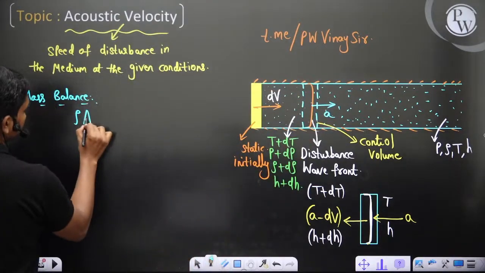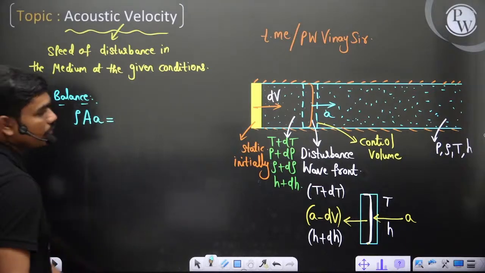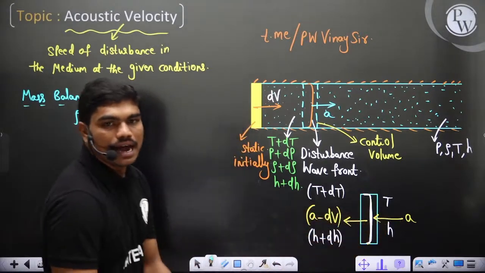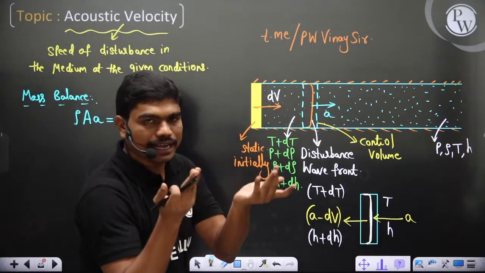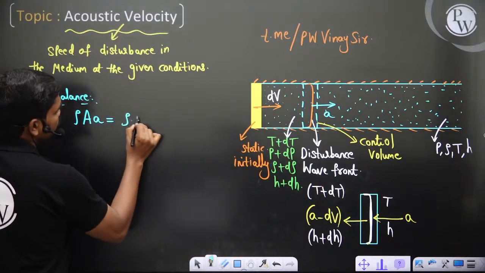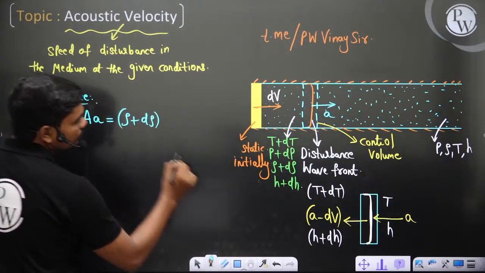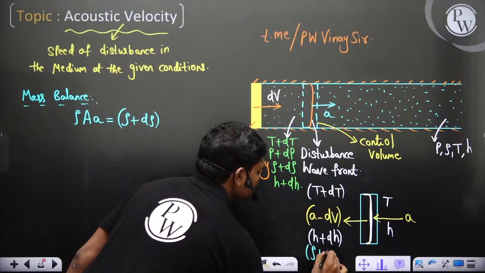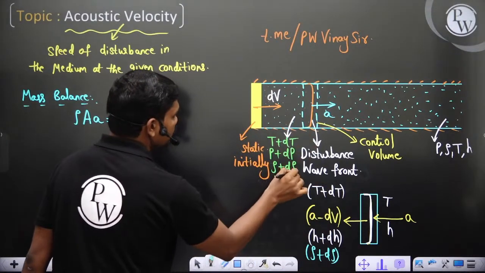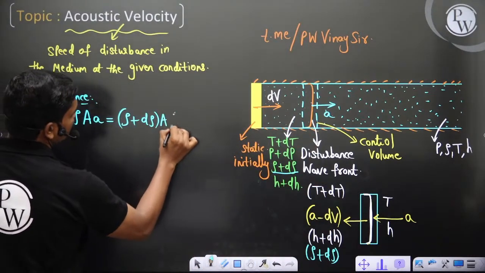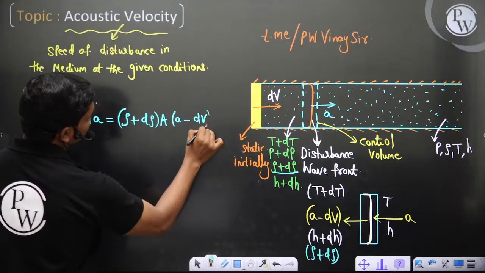So this is the mass flow which is coming in, and practically this control volume is very small, it cannot hold any mass, so this is equal to rho plus dRho, because the density in this part is rho plus dRho, like I have told you, times A into a minus dV is what you have.